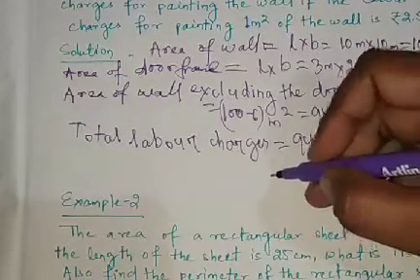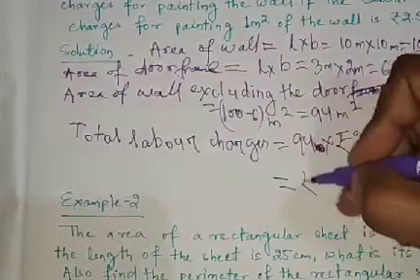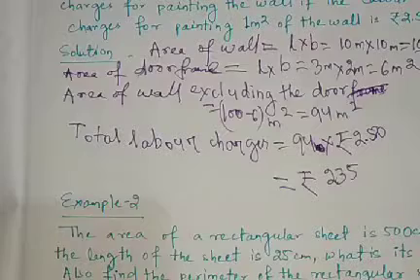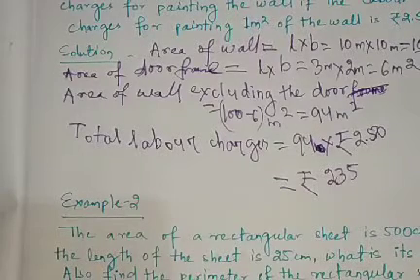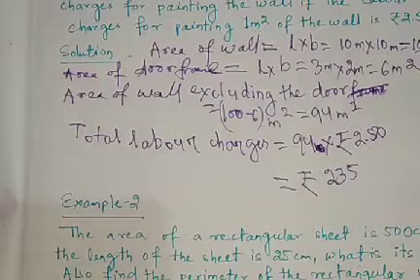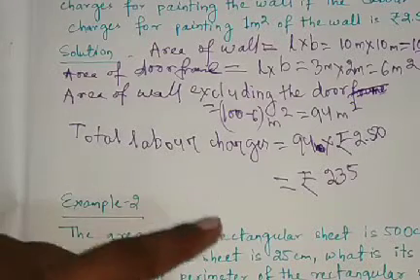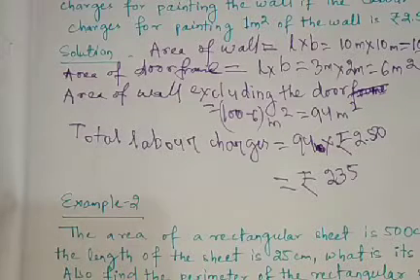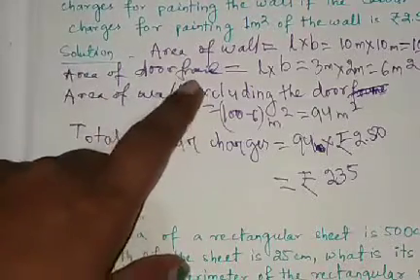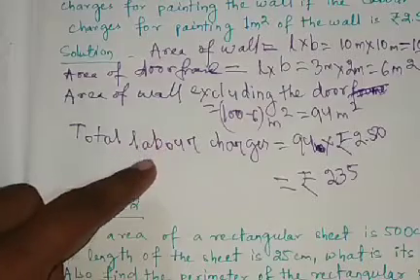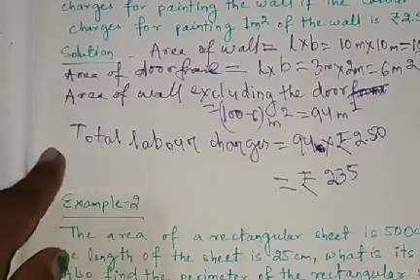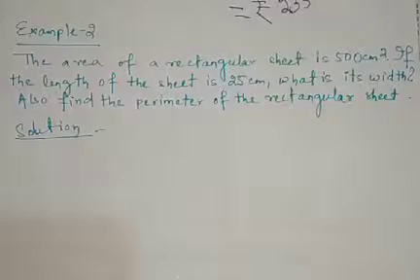So it is rupees 235. So this is about finding the cost. Okay, so the labor charges you found are 235 rupees. First you find the area of wall including the door, then area of door frame, then area of wall excluding the door, then total labor charges.